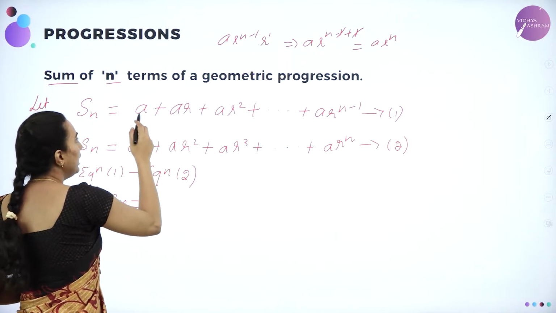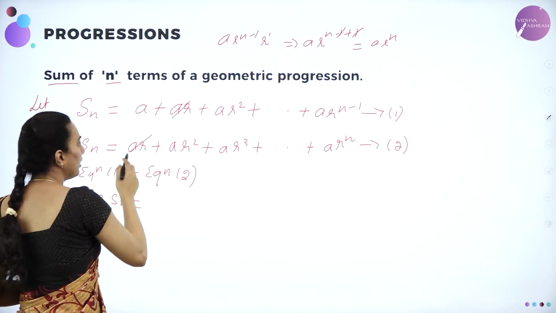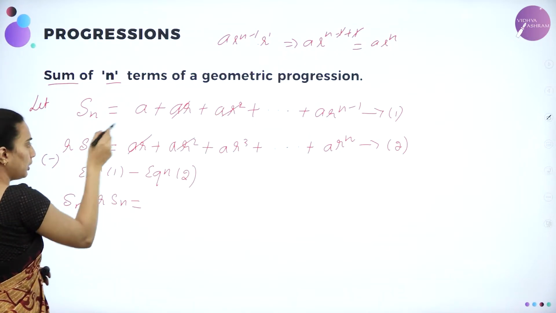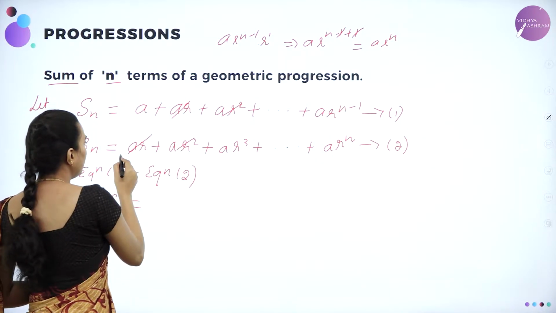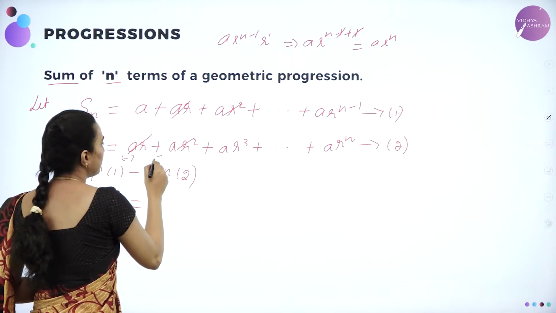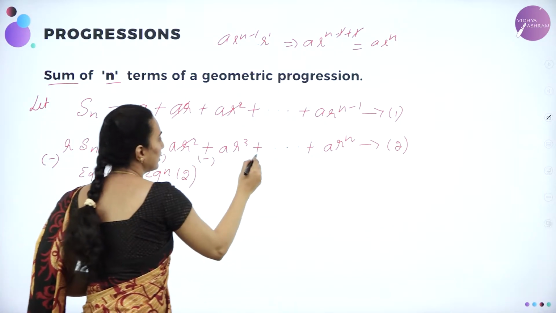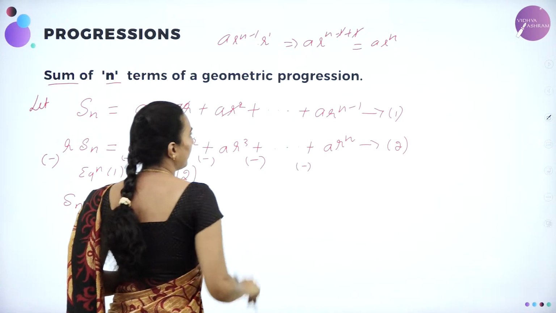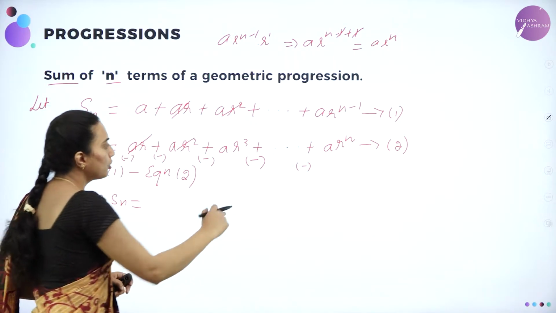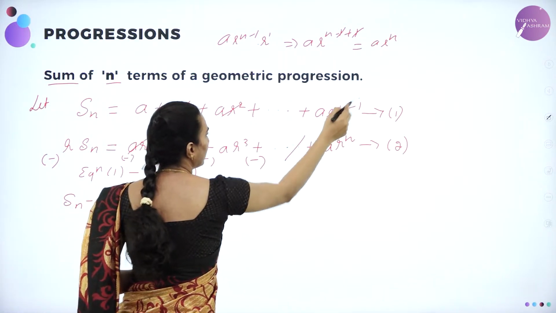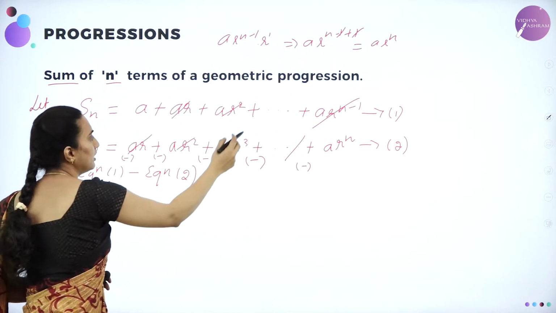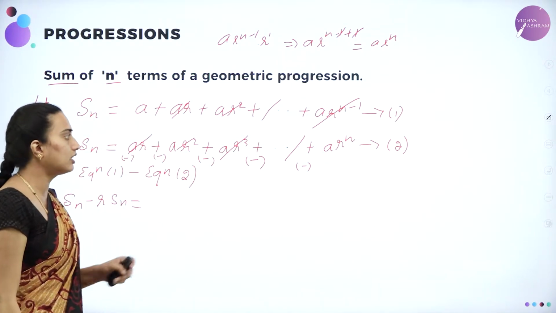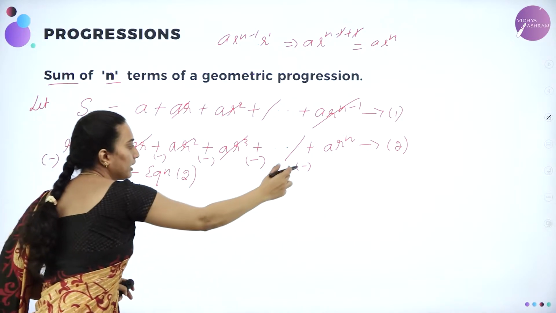So leaving the first term, the AR and this AR, this AR squared and this AR squared get subtracted, and so on. Before the last term, AR to the power of n minus 1 will get cancelled, AR cube will get cancelled. So what remains is nothing but AR to the power of n with the minus symbol.